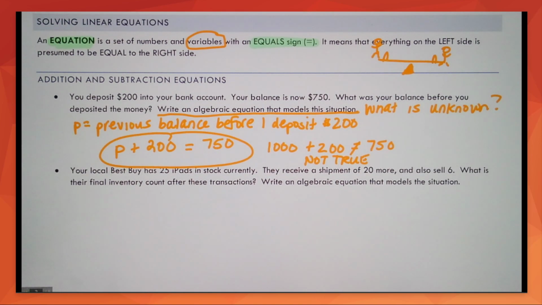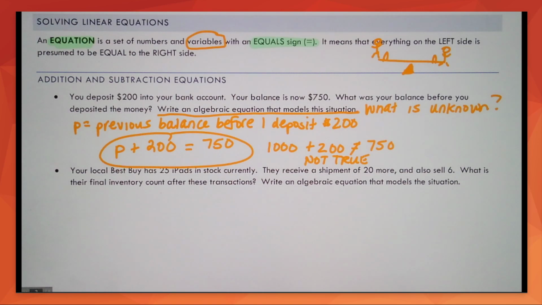There's really only going to be one specific value that P could be, and I'm going to show you exactly what we do in order to figure that out. There's a process here. It's not just let me take away 200 from the new balance, and I'll know what my old balance was. That's the logical way, but there's an algebraic way, and you have got to make sure that you're doing this the algebraic way, because that's how you're going to have to solve equations in the future.